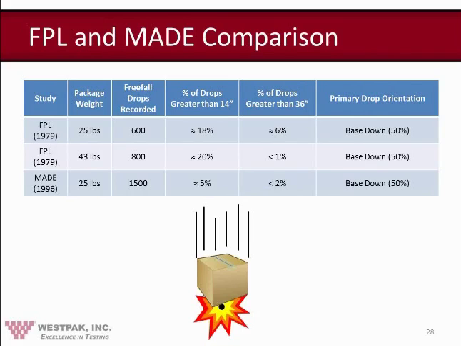That might be one of the reasons why the numbers dropped quite a bit between the 14-inch drop and the 36-inch drop. But if you look at the last column, the primary drop orientation still remained base down, because it's just the way people carry packages. You always carry it face down, so the chances of it dropping face down are always more likely than any other orientation.